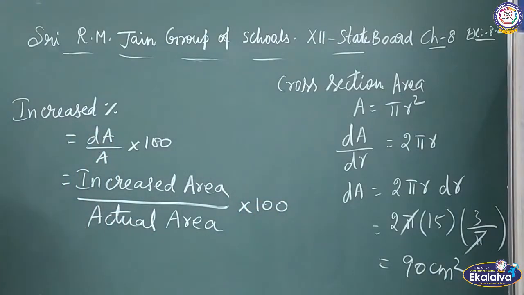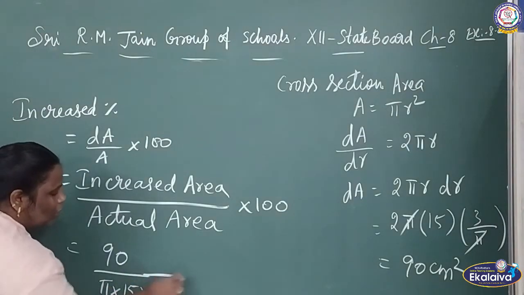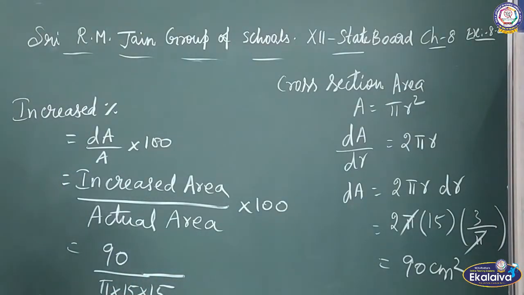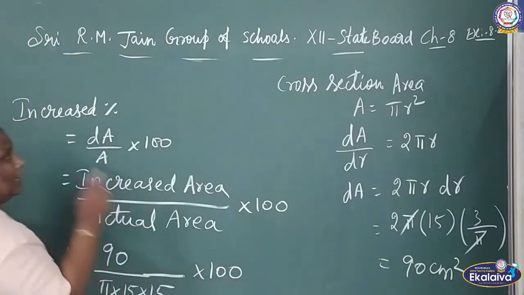What is that increased area? 90. Increased area is 90, by actual area which is pi r square, pi into 15 into 15, because the diameter is 30, radius is 15, into 100. You can write percentage here.